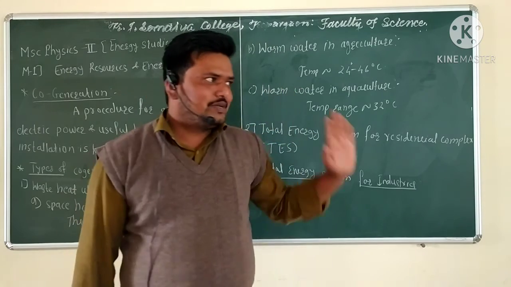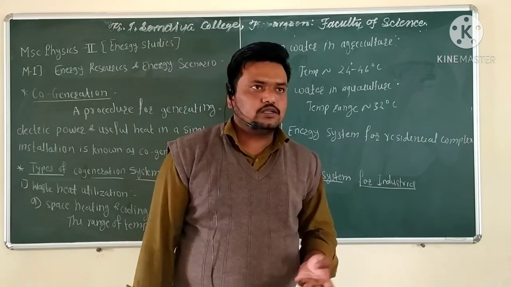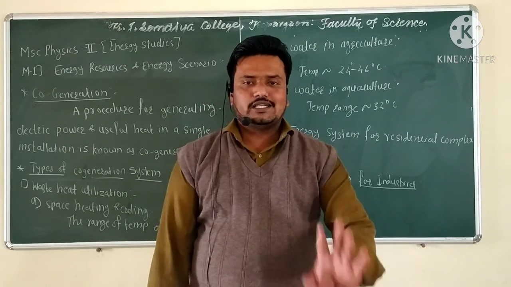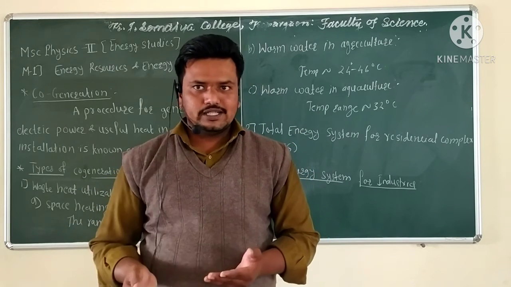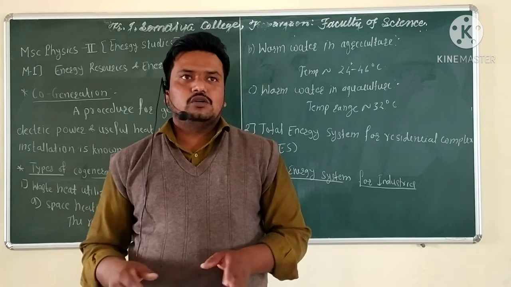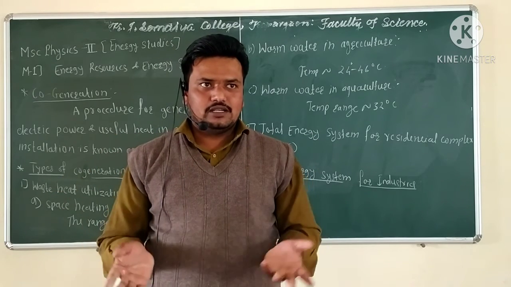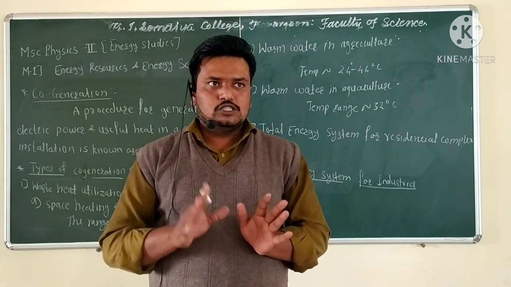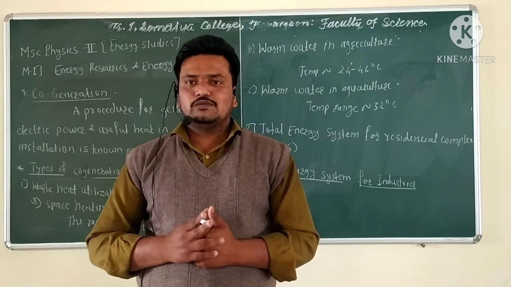So this is mainly considered as the total energy system at industrial level, where energy is used for the industry for electrical energy as well as for the processes taking place in the industry to produce the final product. That's why this system is very useful, because it is advantageous.